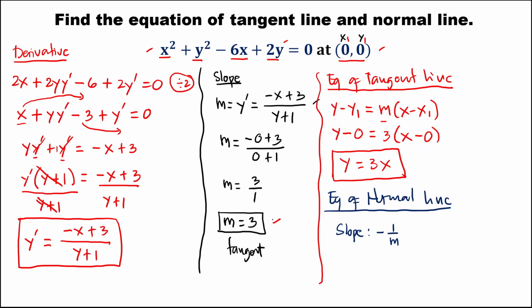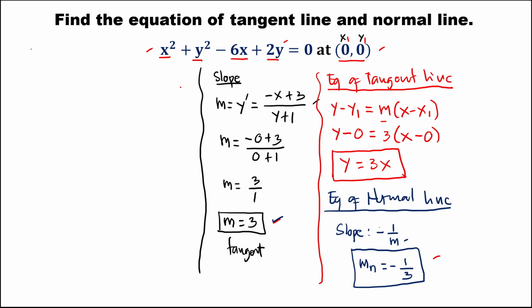Since m is equal to positive 3, the slope of the normal line equals negative 1 over 3. Since we now have the slope, we can find the equation of the normal line.